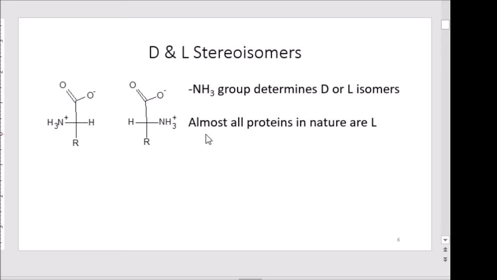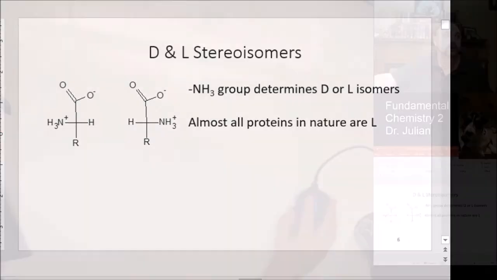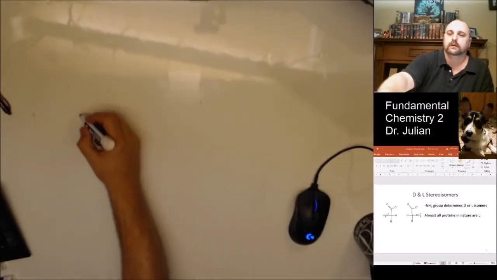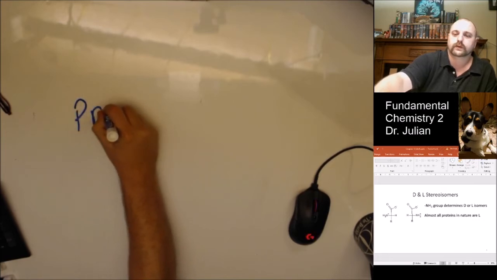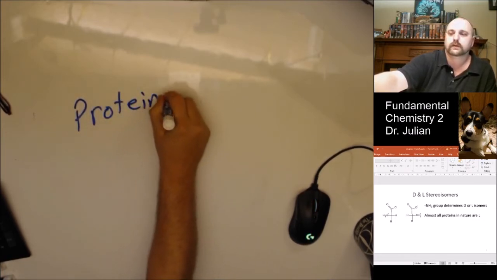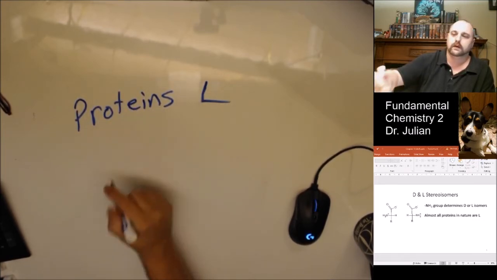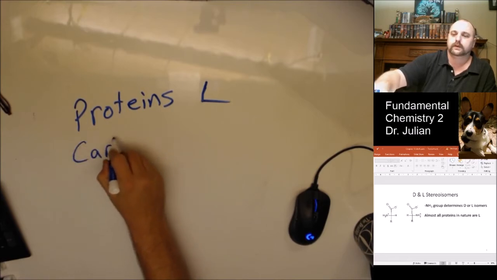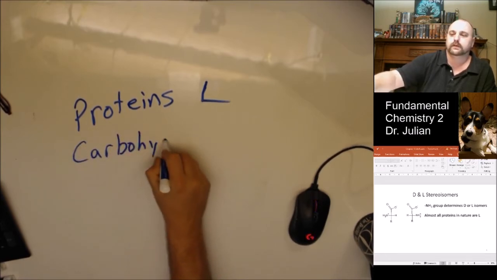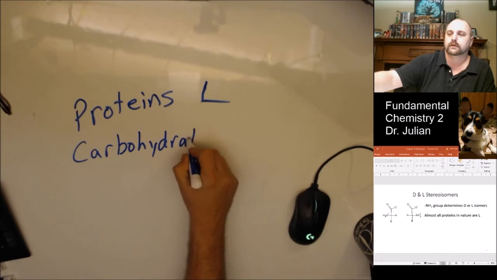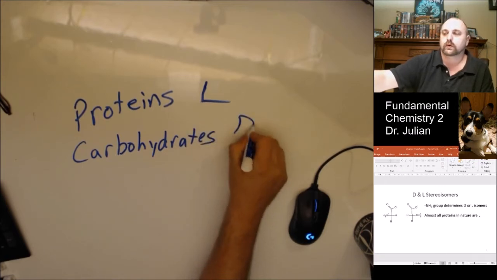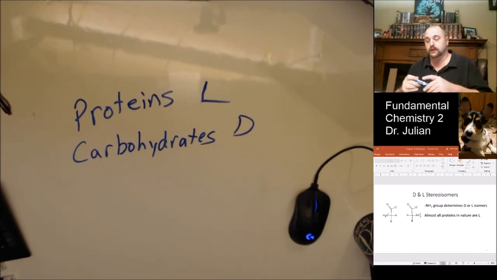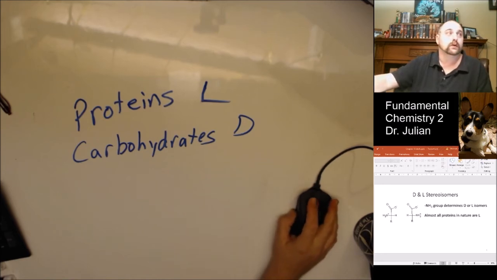Now, here's what we want to memorize: in nature, the proteins are L. This is different because carbohydrates, our sugars, were D in nature. And so we want to be careful.